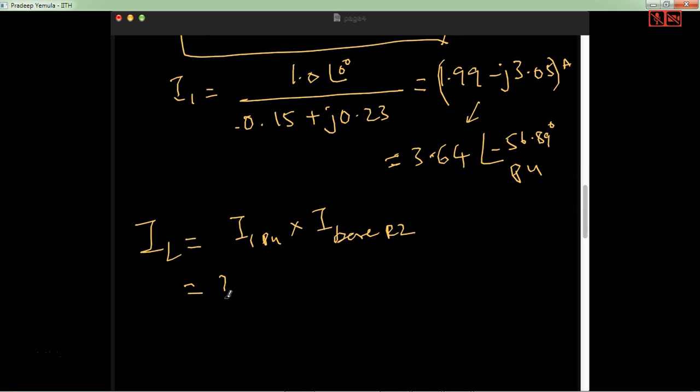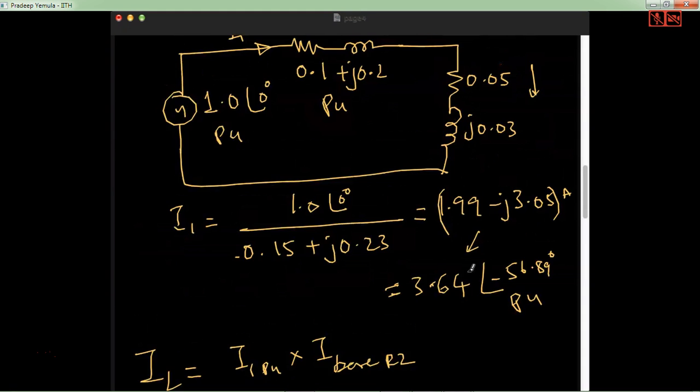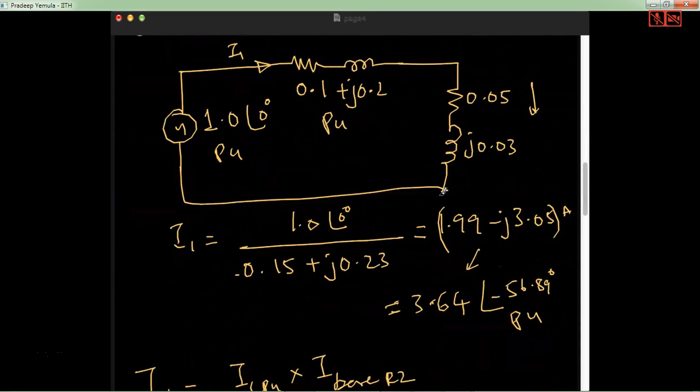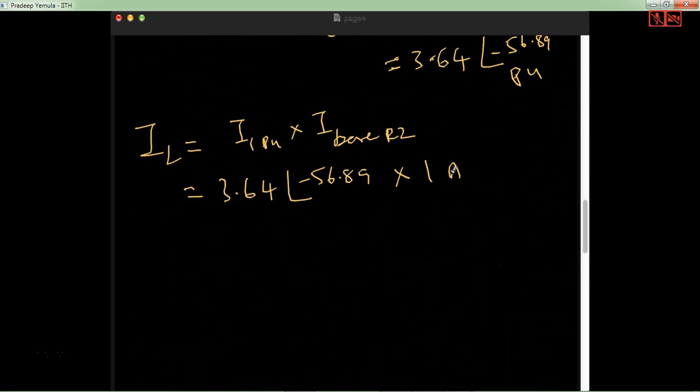So 3.64 angle minus 56.89 multiplied by, what is the base for region 2? It is 1 ampere. Luckily, since it is 1 ampere, I just multiply with 1. So I get 3.64 angle minus 56.89 amperes.